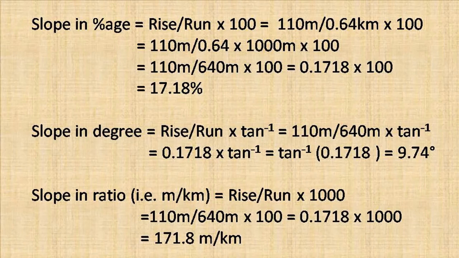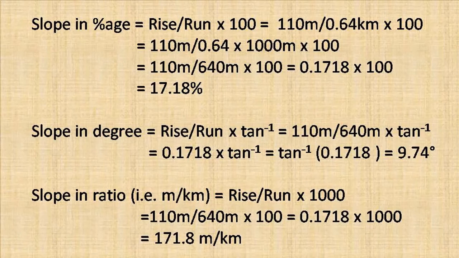Similarly, the slope in a ratio can be calculated with the help of the formula given here: rise divided by run multiplied by 1000. So we know the value of rise divided by run is 0.1718, and when we multiply this with 1000, we get the ratio of slope, that is 171.8 meter per kilometer.